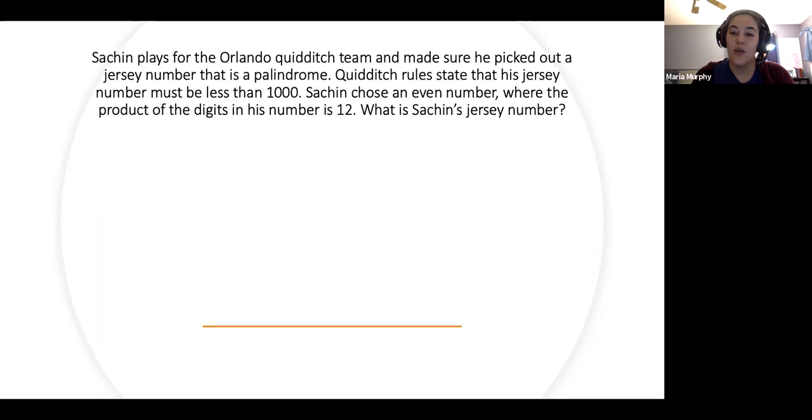We need to figure out what Sachin's jersey number is. Keep in mind that the product of the digits of this number has to be 12. I know this is definitely a multi-part problem, so make sure you're reading each part carefully.